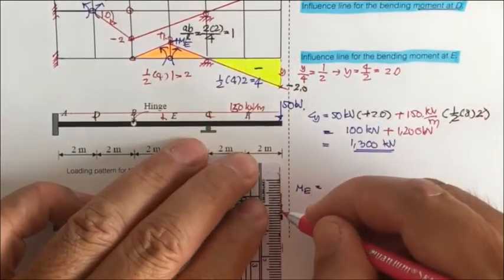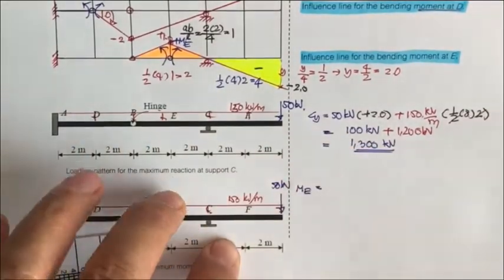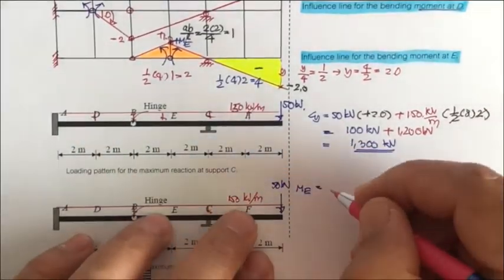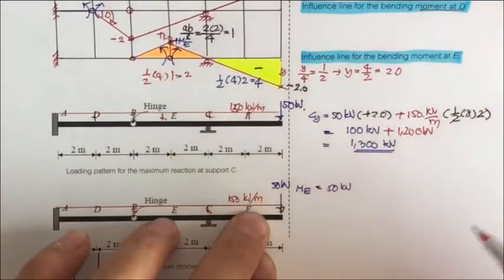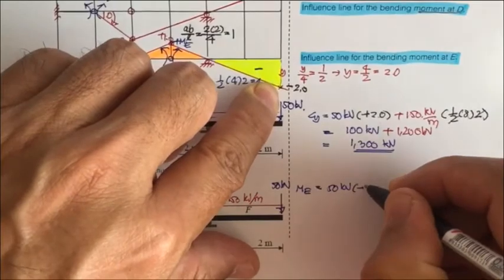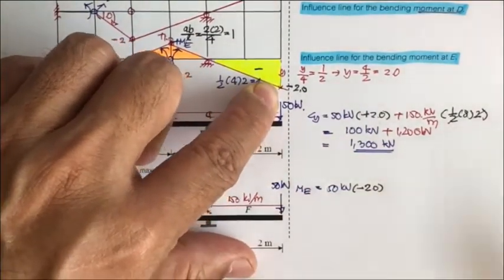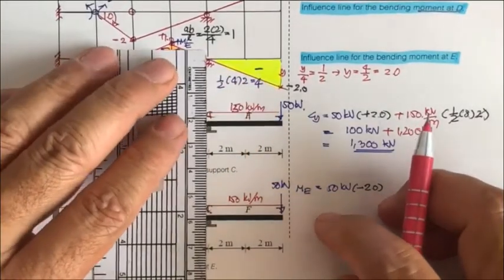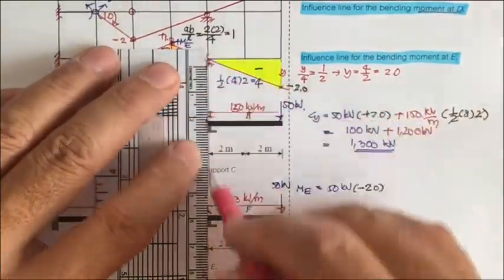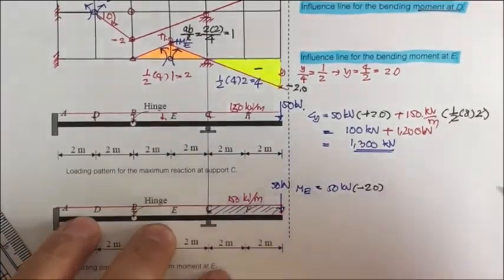So if that happens, you get the same loading pattern, okay, and the M sub E is going to be 50 kilonewton times this one, times minus 2.0, which is negative. Okay, and some of the area here is going to produce negative also, right?